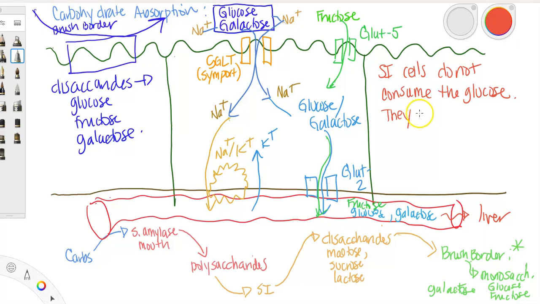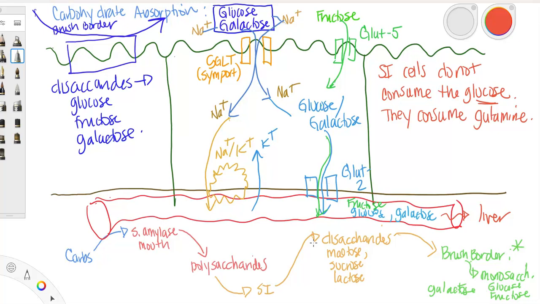Their fuel is something called glutamine. So they do not consume the glucose coming through the cells to get into the blood. So all of that glucose is absorbed into the blood.